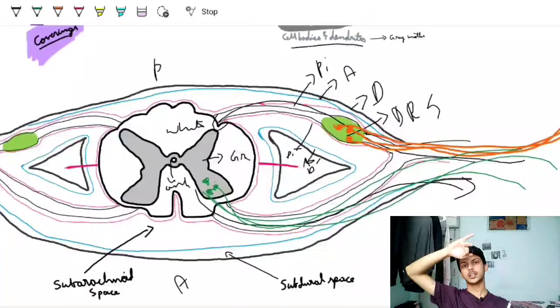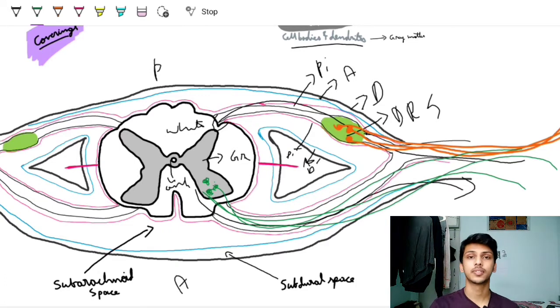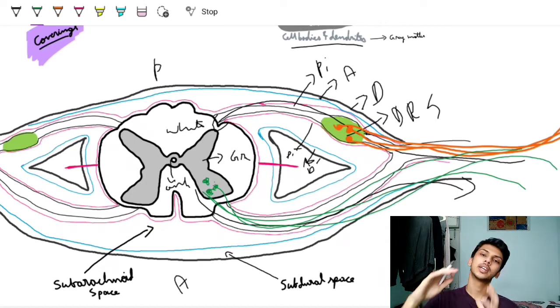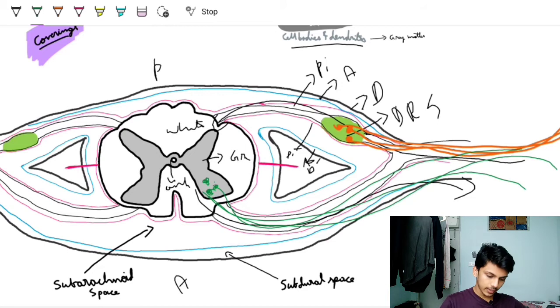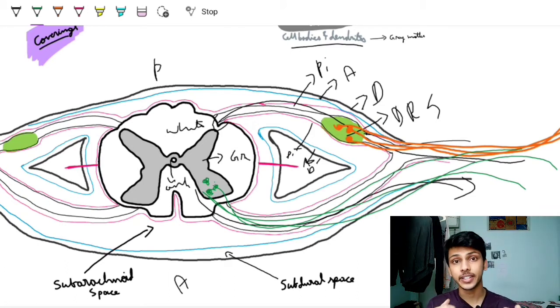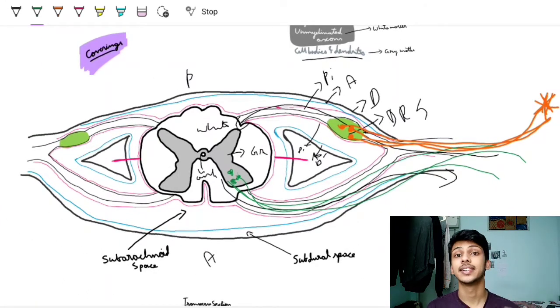The cell bodies of the sensory nerves are in the dorsal root ganglion, and the cell bodies of the motor nerves are in the ventral horn of the spinal cord basically. So the dorsal root ganglion is outside the gray matter of the spinal cord, and the cell bodies of the motor nerves are in the ventral horn. Clear about it? We'll be studying these in detail as we progress in the ascending and descending tracts.